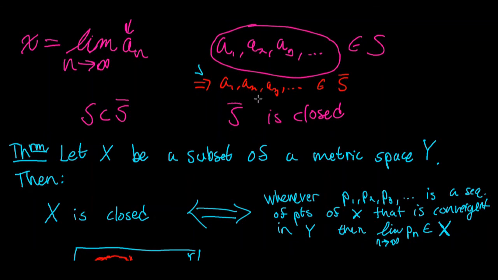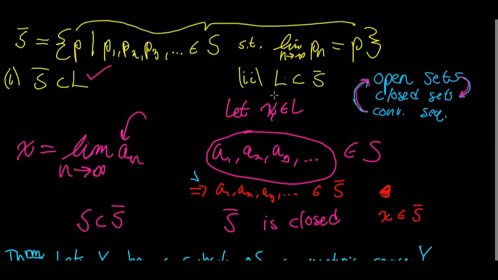And since I have a sequence of points, all of which lie in the closure of S, because they lie in S, and since S is a subset of the closure of S, then the limit of this sequence, since it's convergent, must, by this theorem, lie in the closure of S. Therefore, the limit of this sequence, which is x, must lie in the closure of S. And therefore, I've just proven that any point in L must also be in the closure of S.